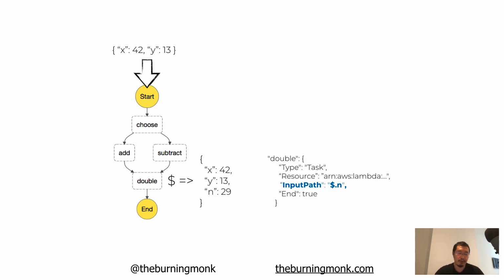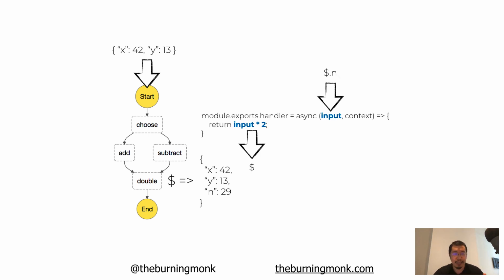And if I don't want to take the entire input, because a lot of it is not relevant to this particular step of my workflow, you can also use InputPath to say, only take one part of this input and pass it into the state, so that the input for this double function is expected to be just an integer.